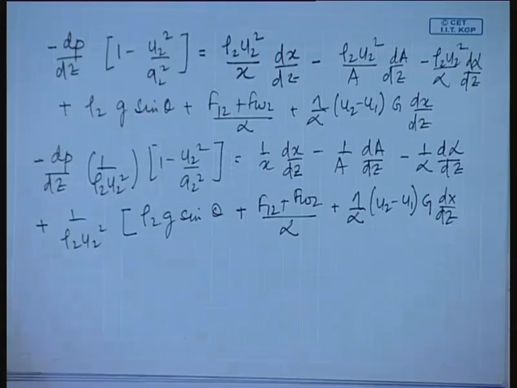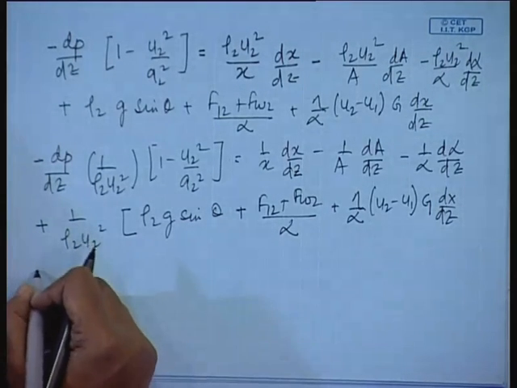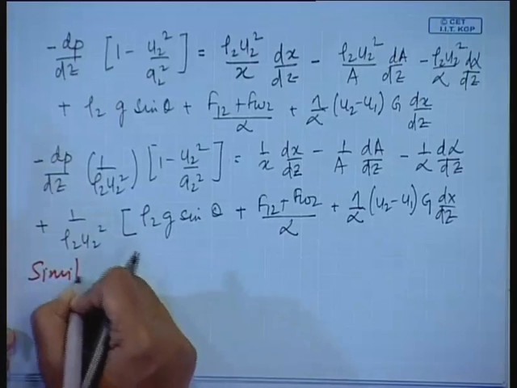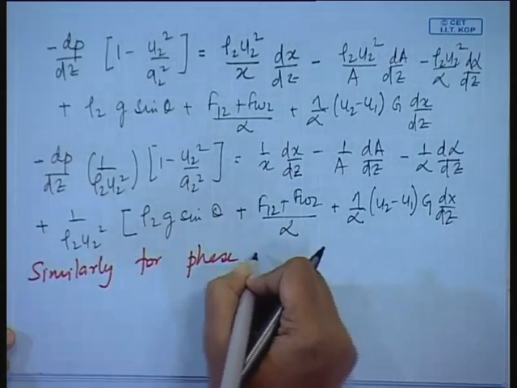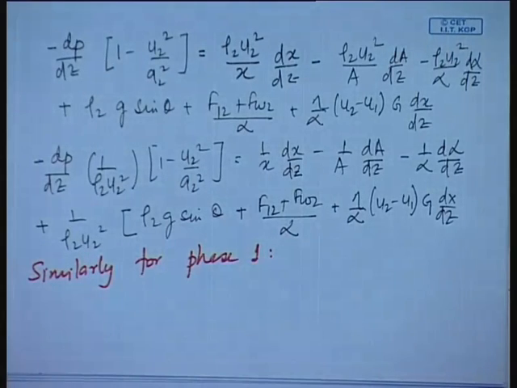Once I have derived it for phase 2, similarly for phase 1 we can write down an identical equation. So, we have written down one equation for phase 2.